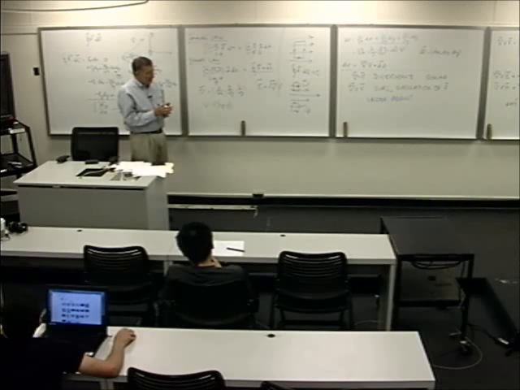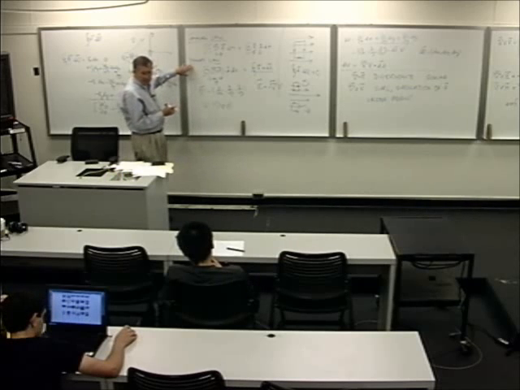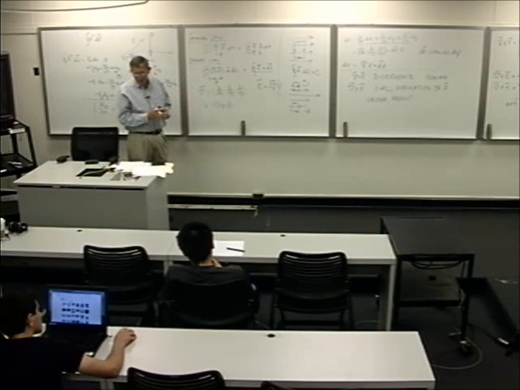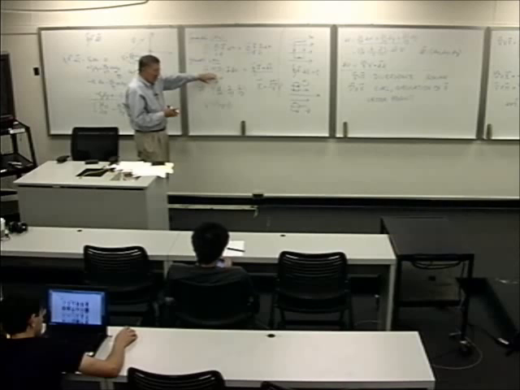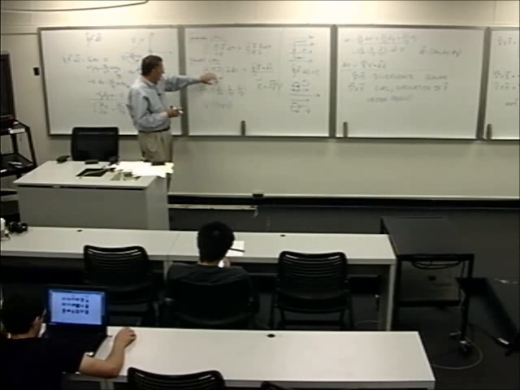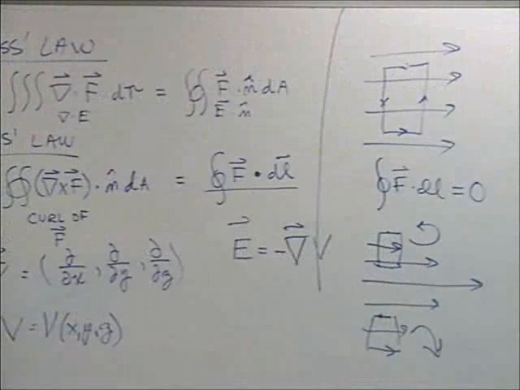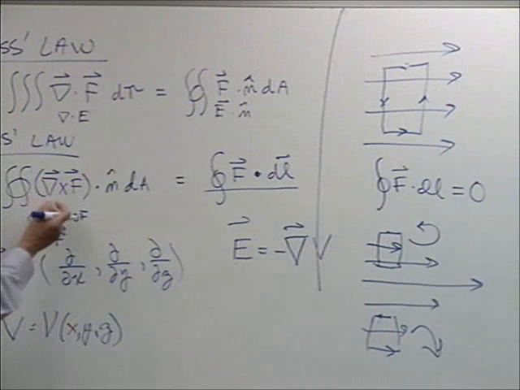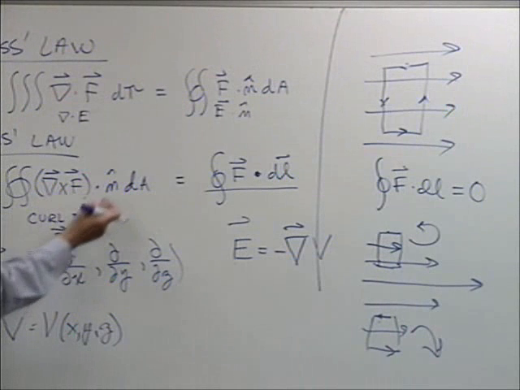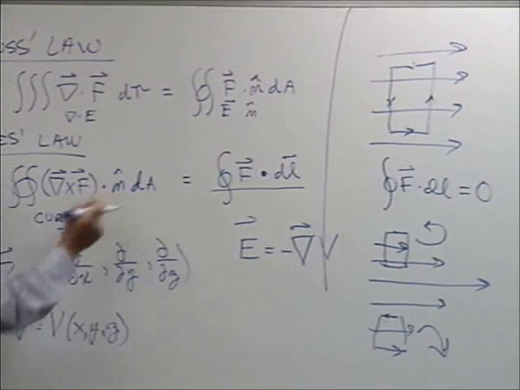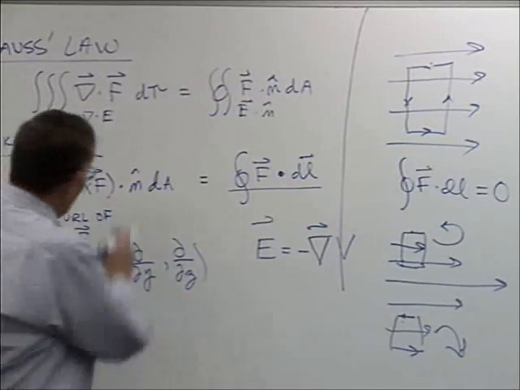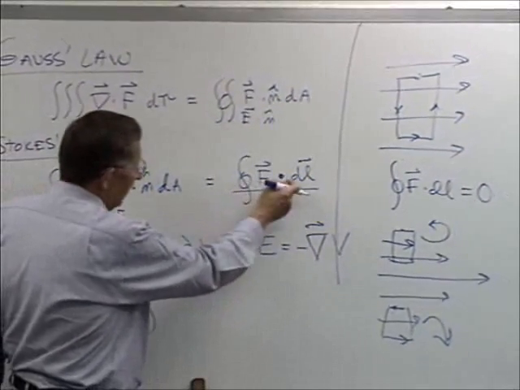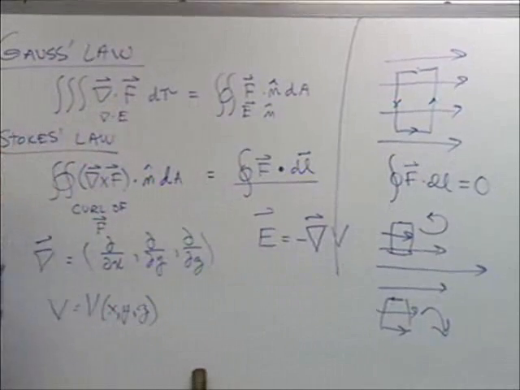You've been introduced to Stokes' theorem, and you know how important Gauss's theorem is, right? Stokes' theorem relates the curl of a vector field, this is a vector product dotted with a surface normal, to this line integral around a path.